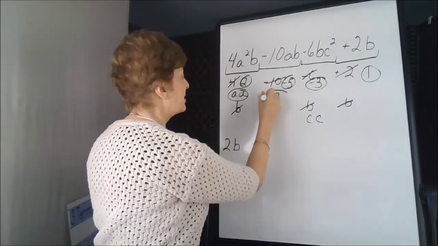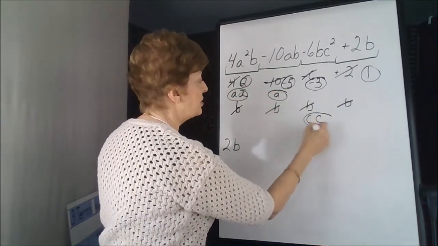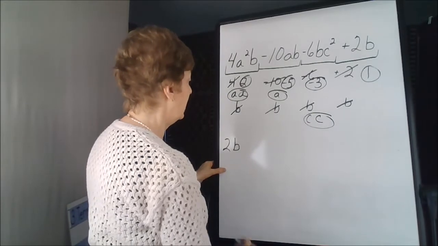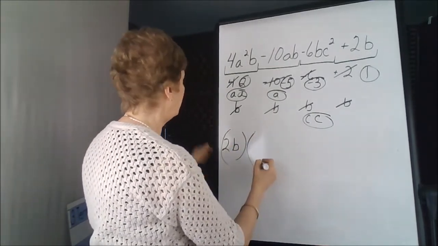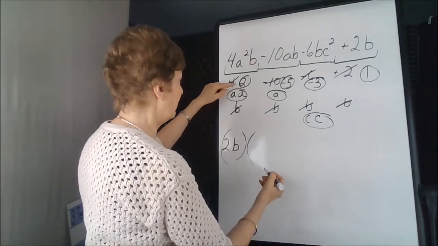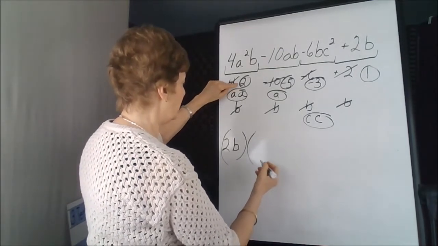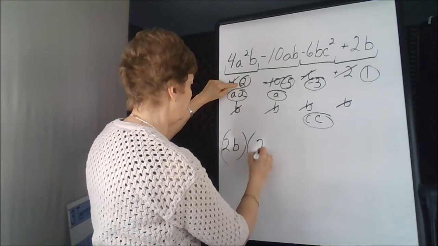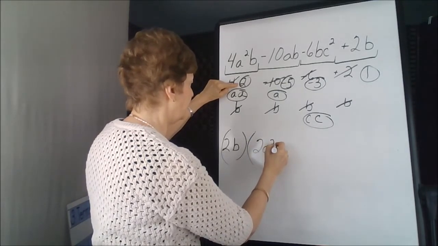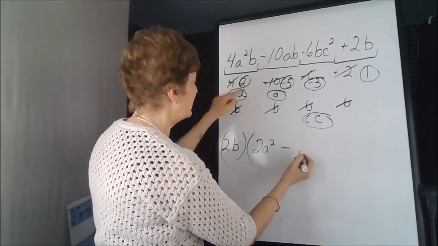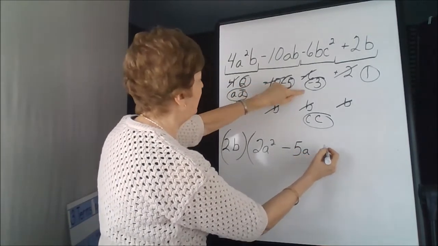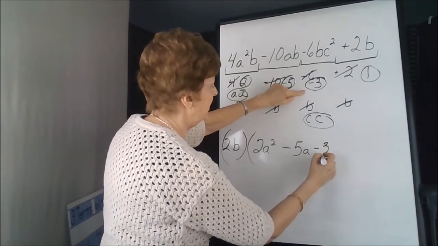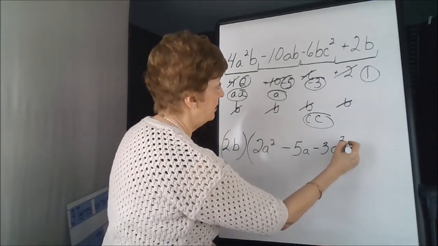I'm going to go back and circle what I haven't used so it's obvious to me. So that's our first parenthesis. Our second parenthesis is a listing of everything that's left. So in this particular term, I have a 2a squared left minus 5a minus 3c squared.